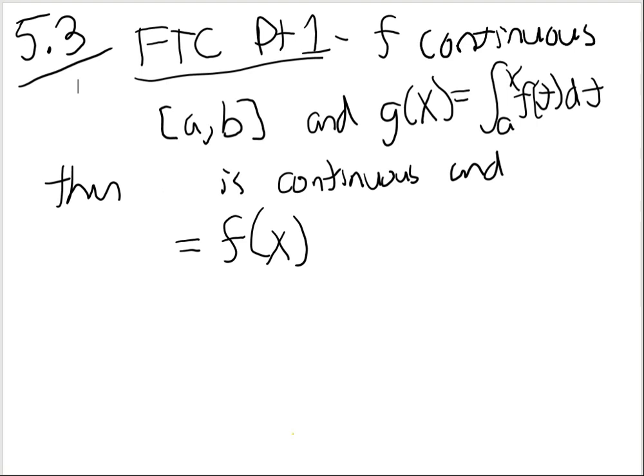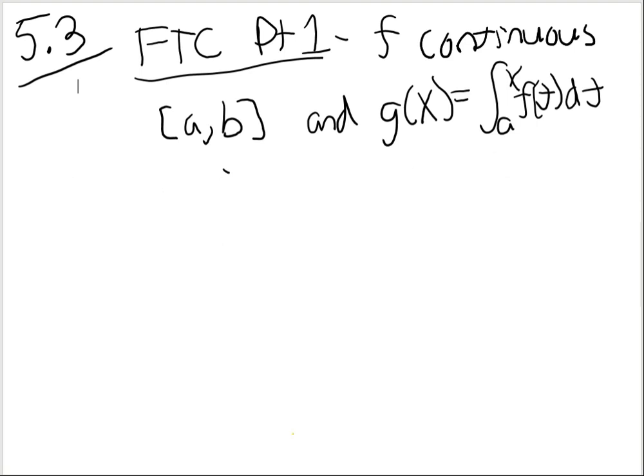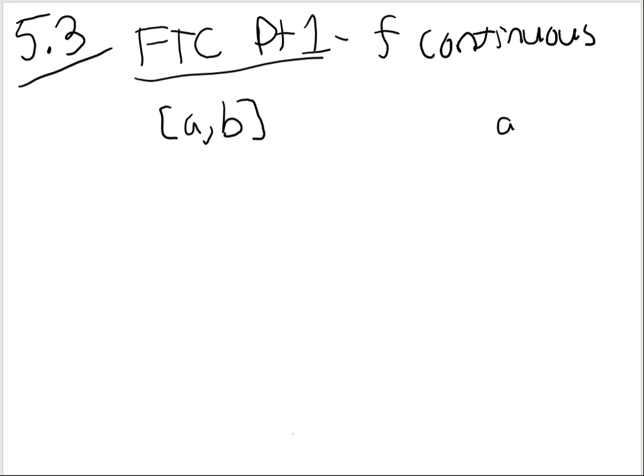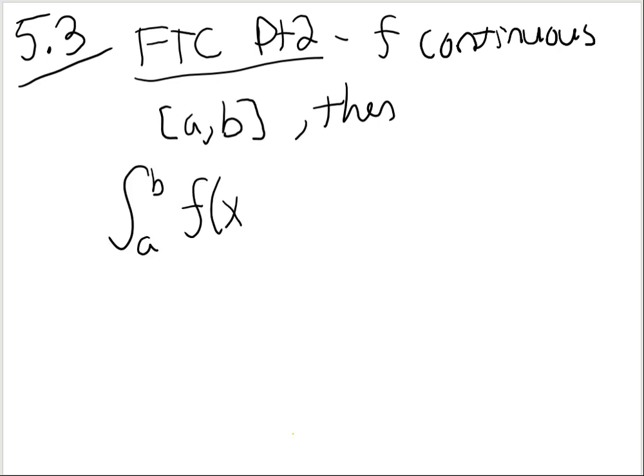What does part 2 say? Well, you still have f continuous on closed [a, b]. But then part 2 says we can actually evaluate this integral, and we don't have to do Riemann sums at all.